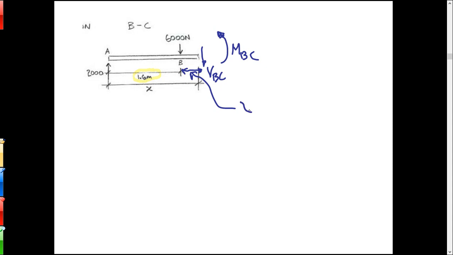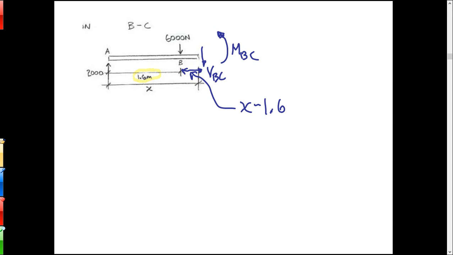X minus 1.6. There you go, yeah. So whatever value X is, if you take 1.6 away from it, you'll get that distance, see? So that's going to be that moment arm I'm going to use to the 6,000. So I'm going to want to put that in there, because that'll be a moment arm I'm going to use.